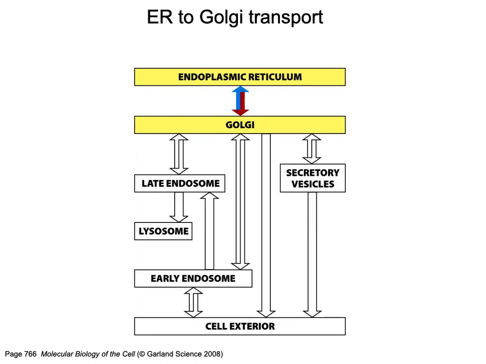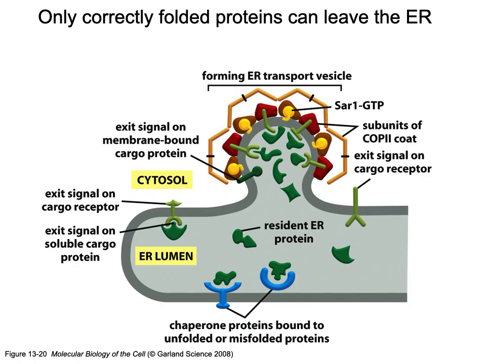Next we're going to look at the process of moving material through vesicles from the ER to the Golgi apparatus. We want to keep in mind that it's only correctly folded proteins that are going to leave the ER, right? There are molecular chaperones that assist in making sure that the proteins are folded correctly.